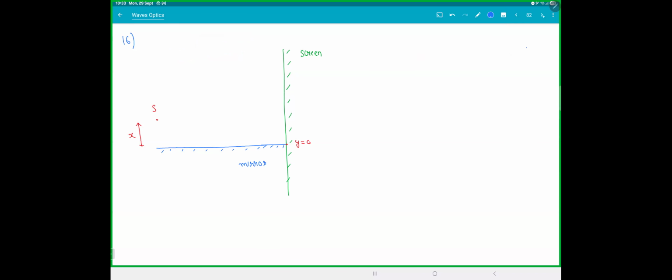One thing is clear: if you choose a point P here, light goes directly to here. The other one hits the mirror and bounces off. Basically, it behaves like this is the light source. But there is a thing. Whenever a light ray hits a mirror, there is a phase shift of pi. So the light ray from the image behaves as if it has traveled an extra lambda by 2.